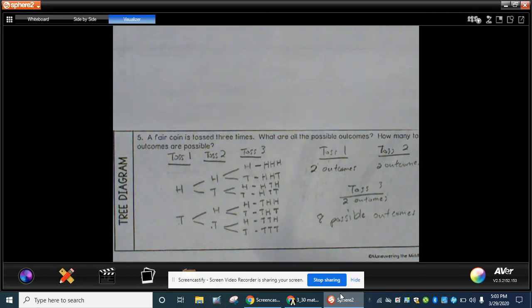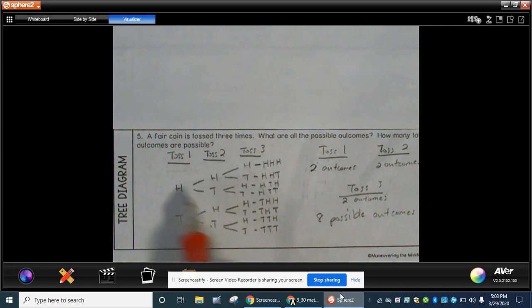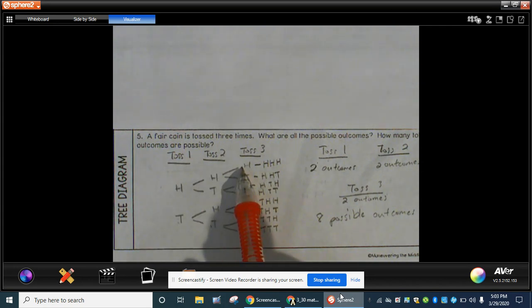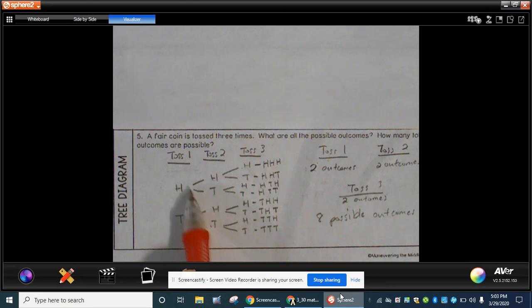Here is a visual representation of this. If the first toss was heads and the second toss is heads, the third toss could also be heads. If the first toss was heads, second toss was heads, the third toss could be tails. So here I got heads, heads, heads, and heads, heads, tails. For the third, I can move from heads to tails and back to heads, so heads, tails, heads.